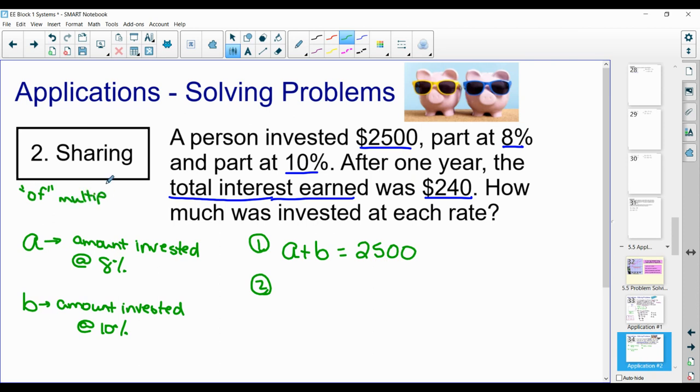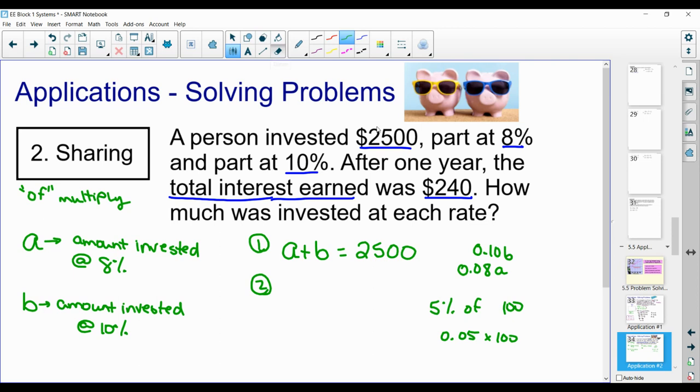So for example, if I was doing GST and I wanted to figure out what 5% of $100 is, I would go 0.05 times 100. In this case, I want to figure out what 8% of an amount is. So 8% of that amount would be 8% times that amount, or 10% of a number would be 0.10 times that amount.